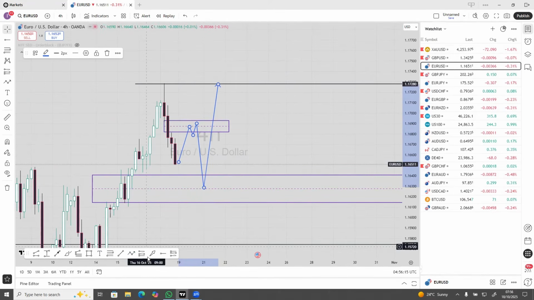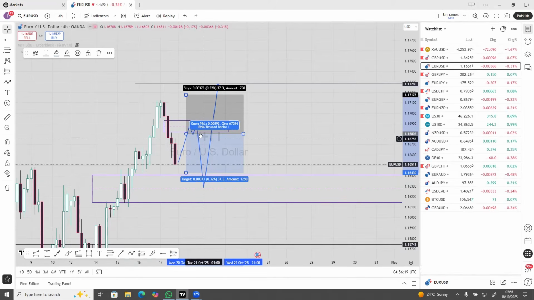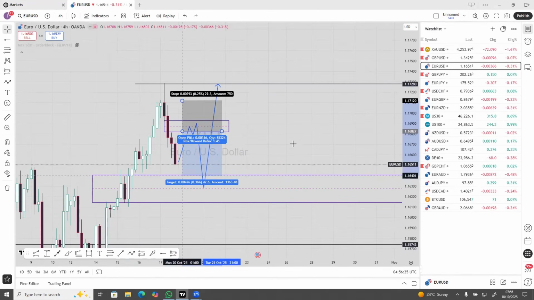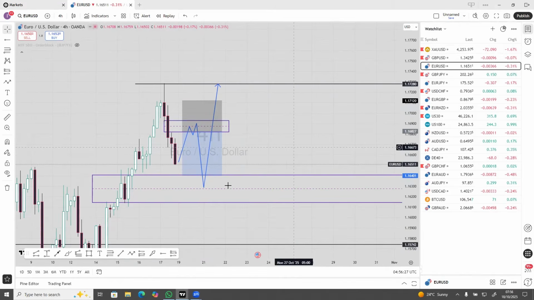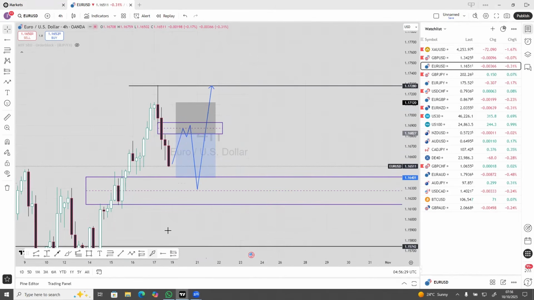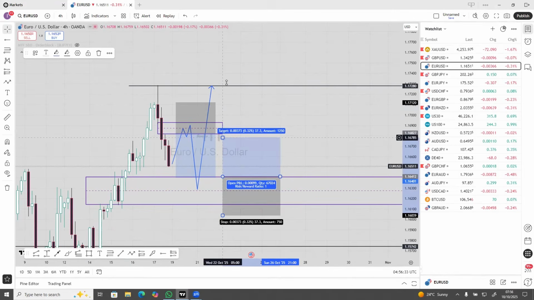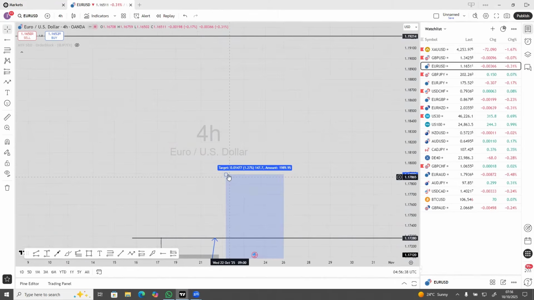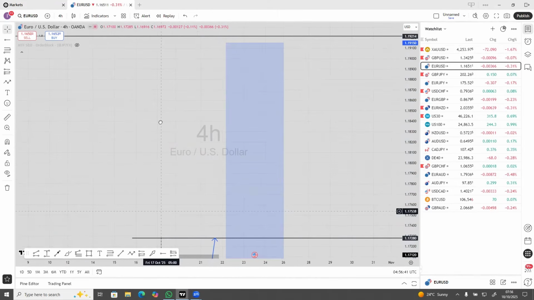Okay, so first entry on Euro USD, we're supposed to wait for mitigation of that FVG, and then take a short position. Enter on confirmation, don't enter without confirmation, and then we'll take a long position with TP1, TP2 on that previous swing high over here.